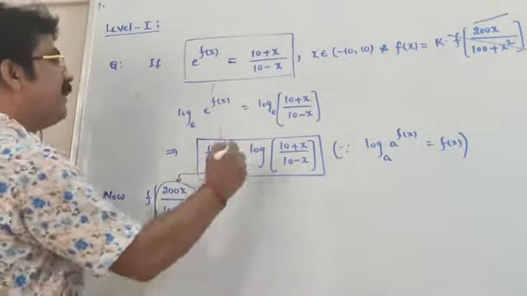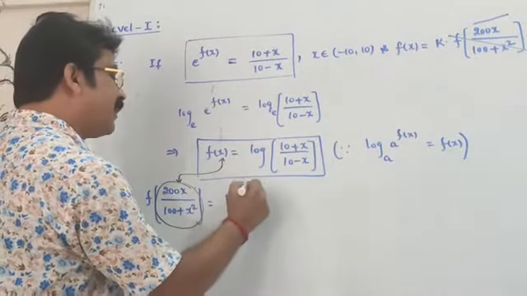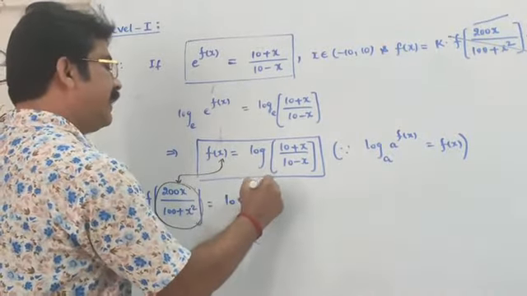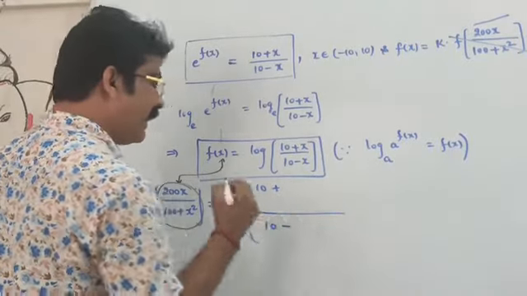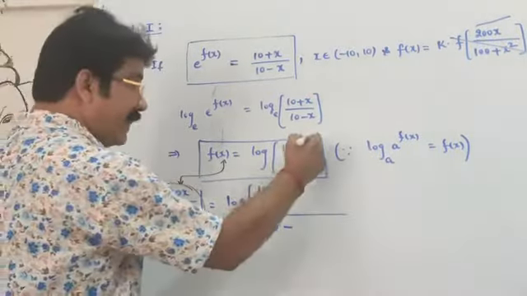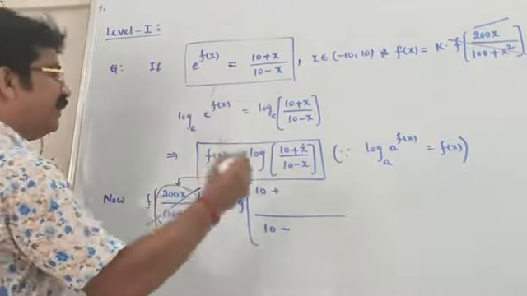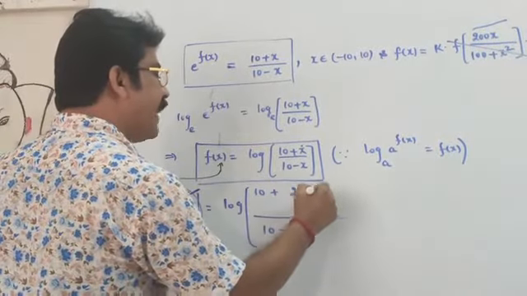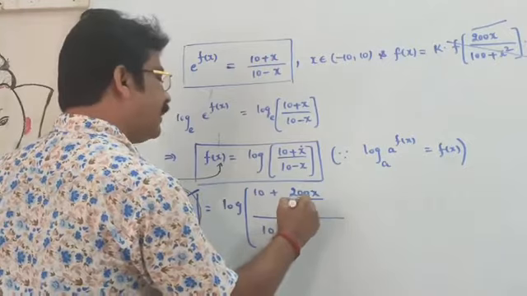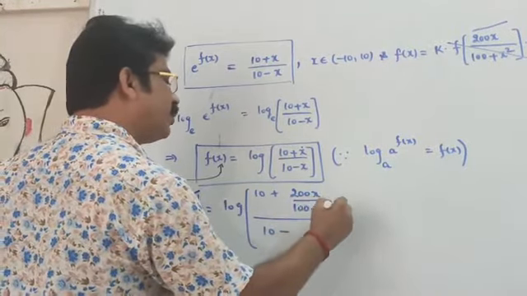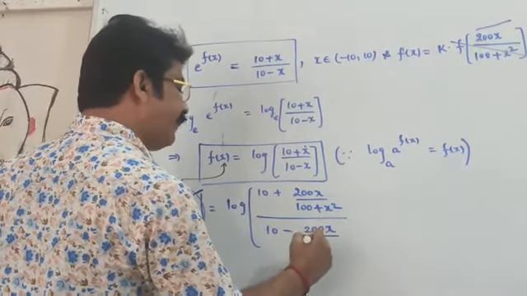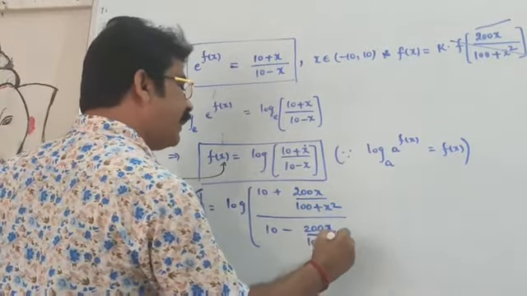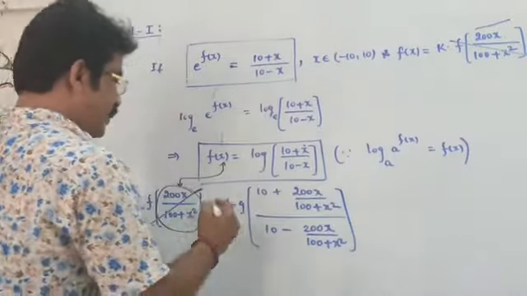So the logarithm structure is the same: logarithm of 10 plus divided by 10 minus, and instead of x we are writing this value, 200x divided by 100 plus x square.